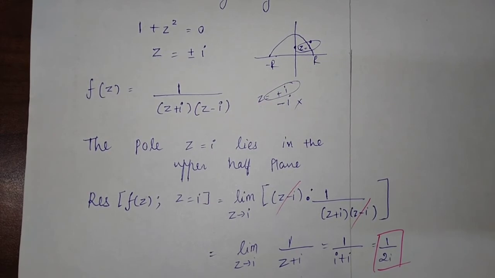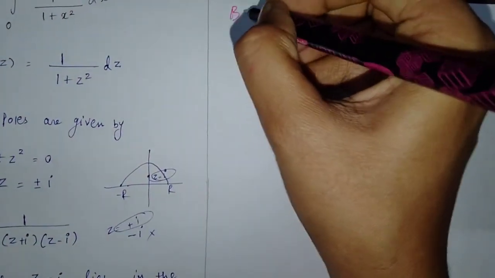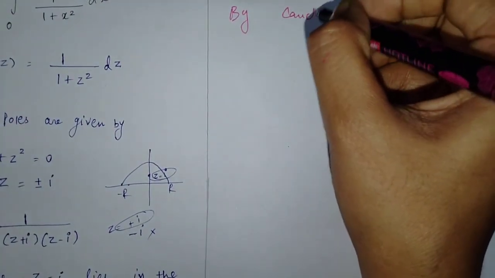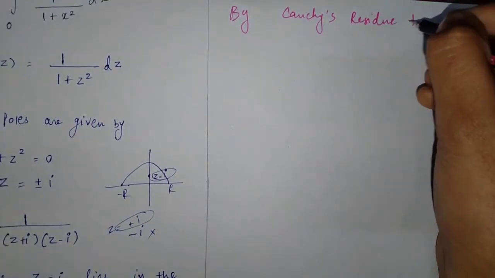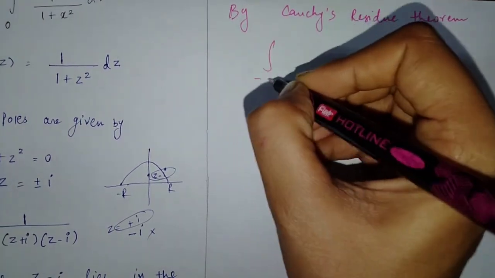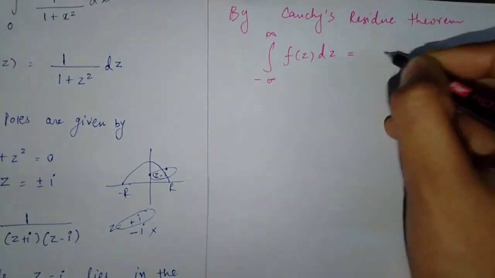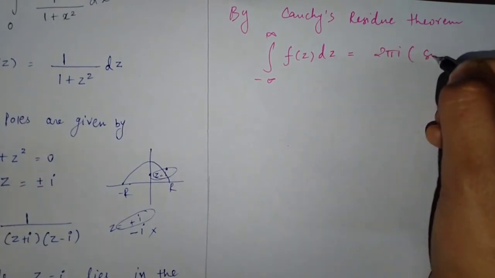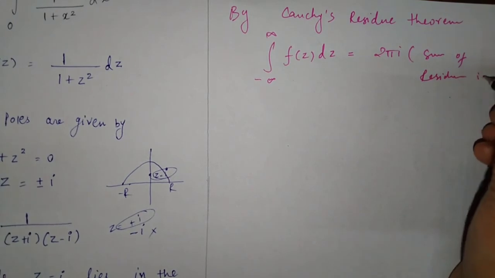So now we will put this value in Cauchy's residue theorem. So by Cauchy's residue theorem, the integral from minus infinity to infinity of f(z) dz is 2 pi i into the sum of residues in the upper plane.